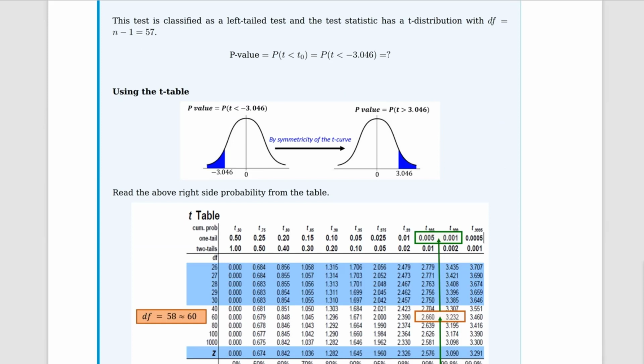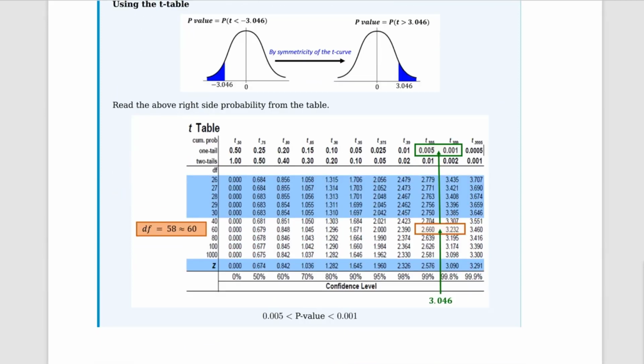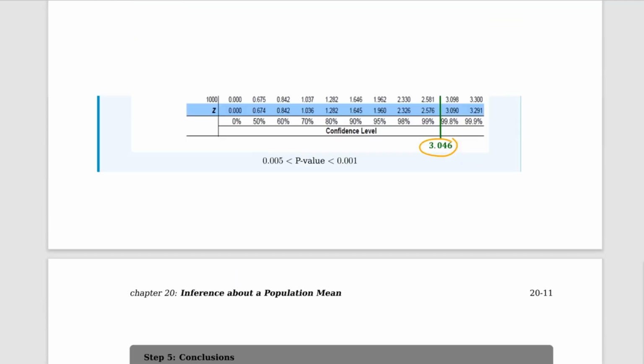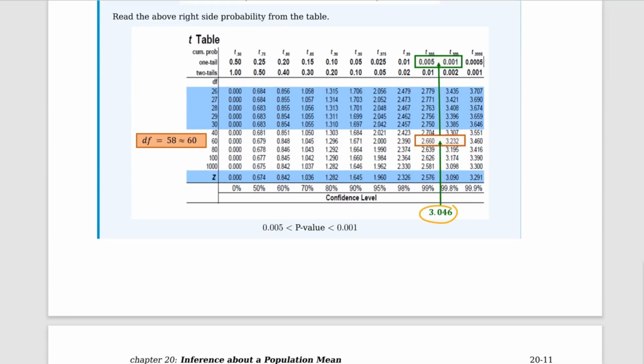You see even the table, how to find it. But let me go to one more thing here. Suppose you see degrees of freedom is 58, but we cannot find 58 in the table. So what to do then? You just go to the closest one. This is 60, that's why we use 60. Got it?